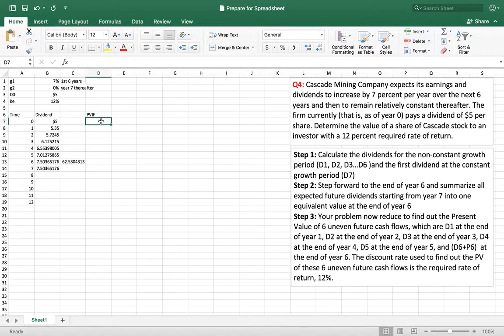So, in cell D7, I type equal sign and then 1 divided by the opening parentheses, 1 plus the interest rate, which is the investor's required rate of return given in cell B4. So I click on B4 followed by the closing parenthesis, raising to the power of the corresponding time period, which is 0, given in cell A7.